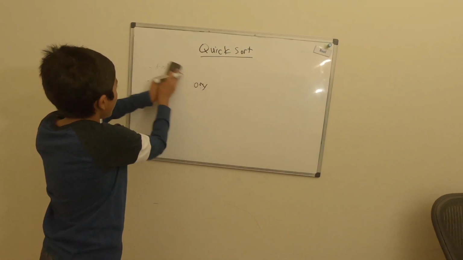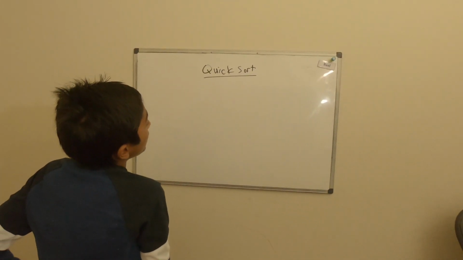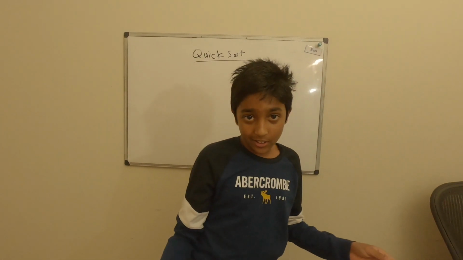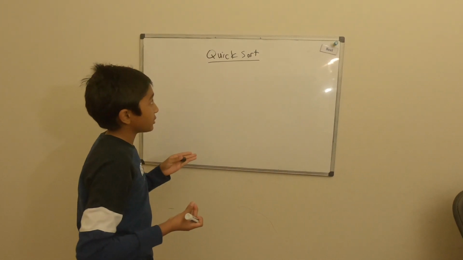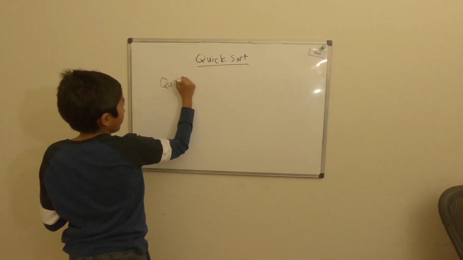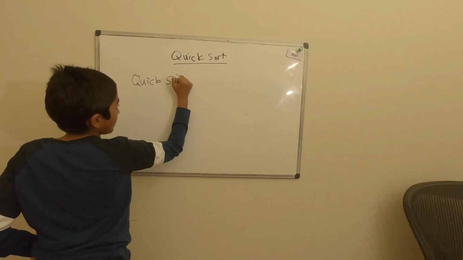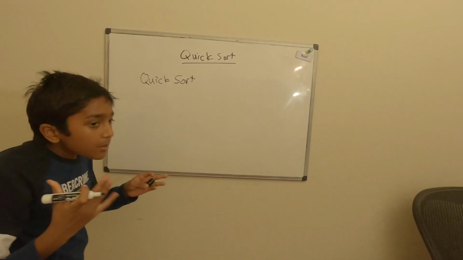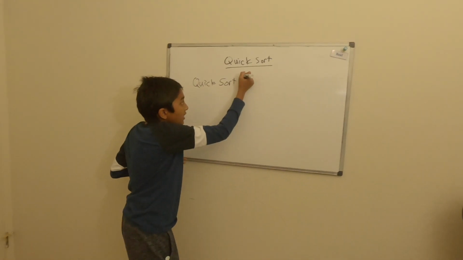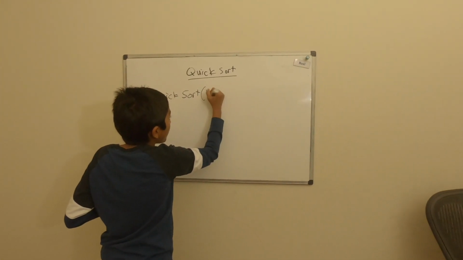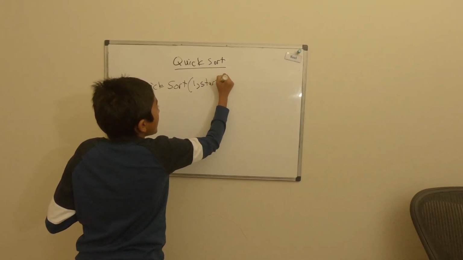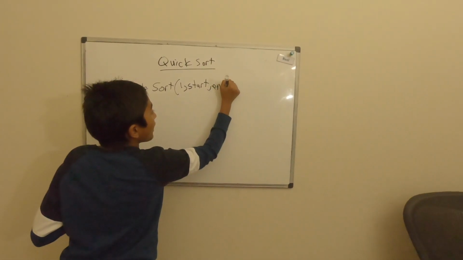So let's look at how this algorithm works. It's recursive, just like merge sort. So once you call Quicksort, because you want to be moderating which parts you're going to be doing this recursive part on, obviously you're going to need L, and then you're going to need your start and your end.